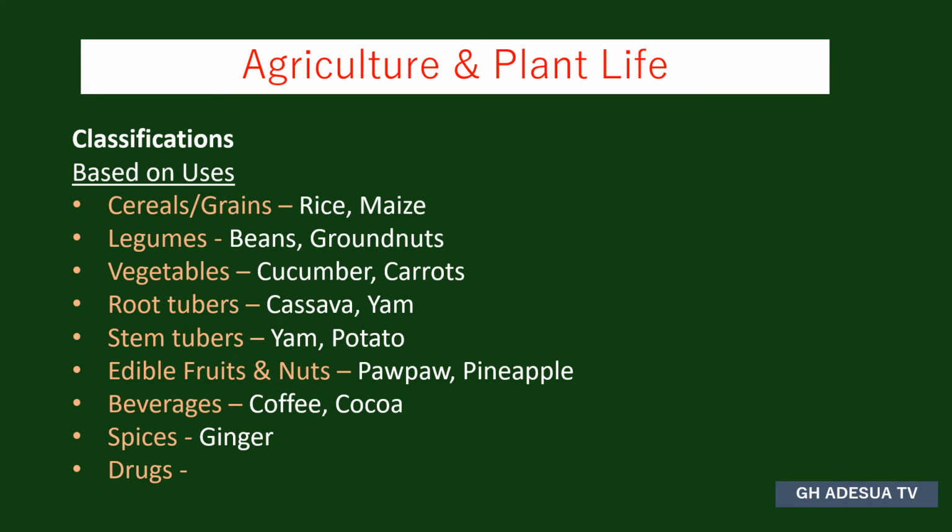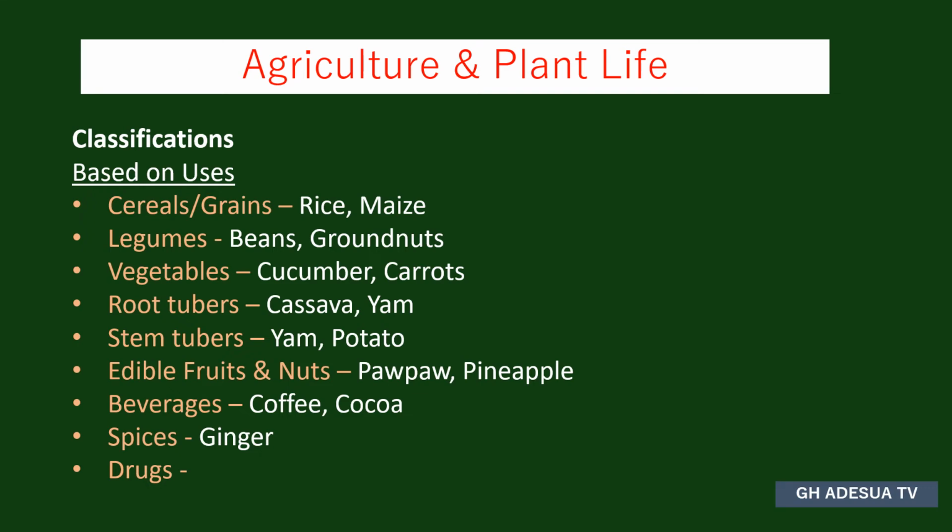Now we come to classification based on uses. Now we have the cereals. Cereals like rice and maize are a major source of carbohydrates in our part of the world. So we have the legumes.